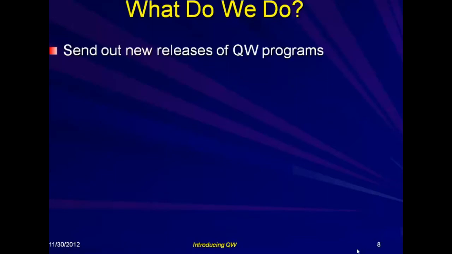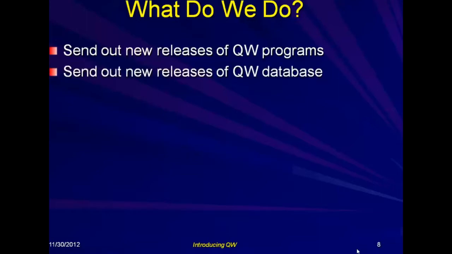ChicagoSoft sends out new releases of the QuickRef programs. These are the actual software programs that display the data for you. Send out new releases of the QuickRef database. Doesn't do any good to have programs that can display data if your data is not kept up to date. Those 71 vendors in the database didn't get there magically.